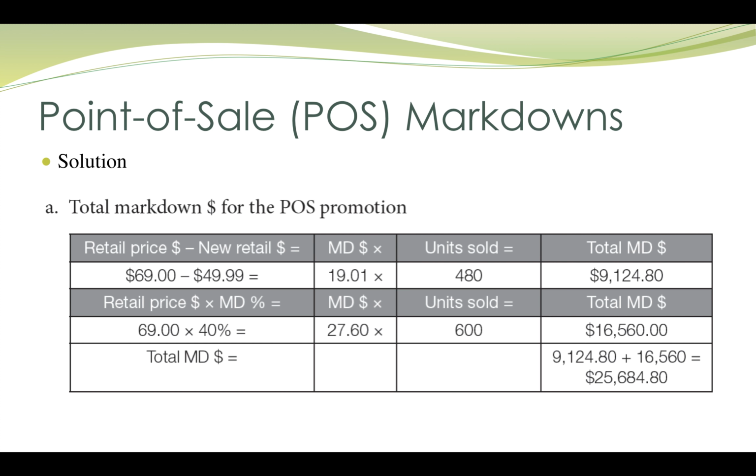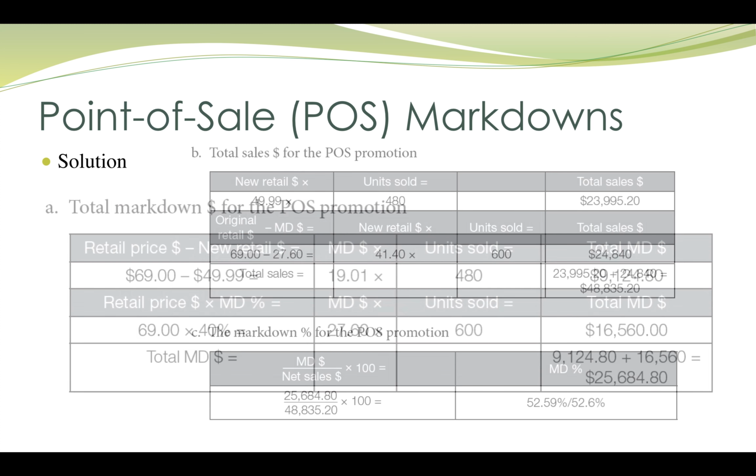And we know the units sold were 600. That was given to us in the problem. We take the markdown dollars, $27.60, times the units sold, and that'll give us the total amount of $16,560 on the right hand side. We're going to add those two figures, those two total markdown dollar amounts, to reach $25,684.80.